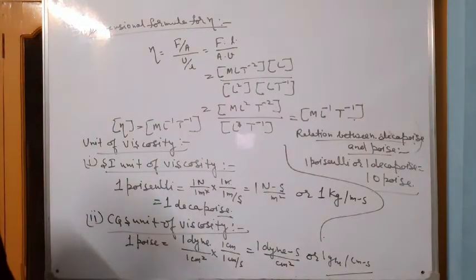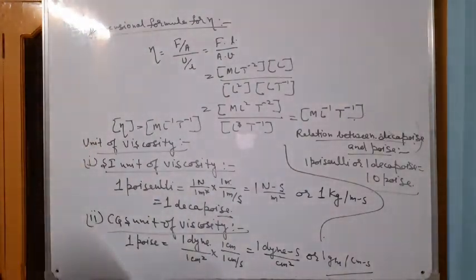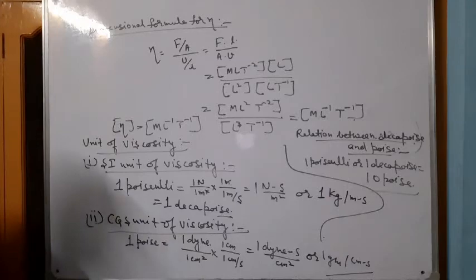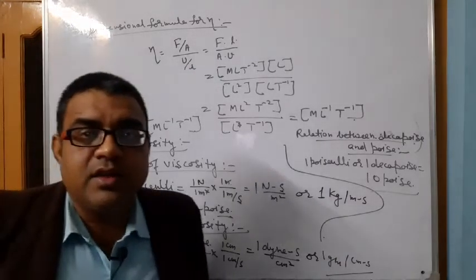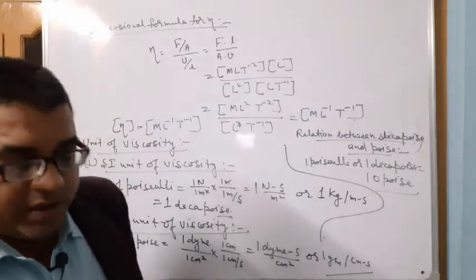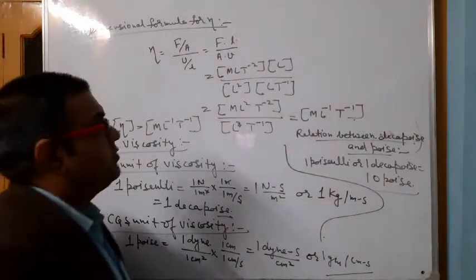This is the relation between the CGS and SI units of viscosity. And as viscosity does not have any direction, it is a scalar quantity.